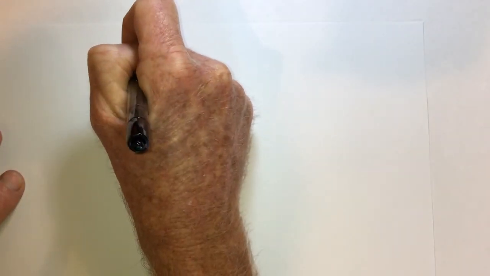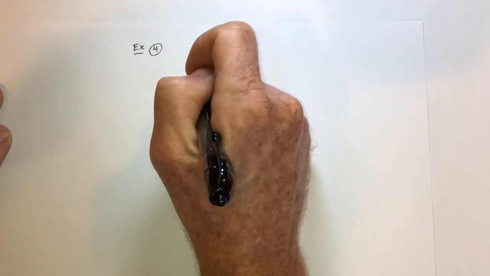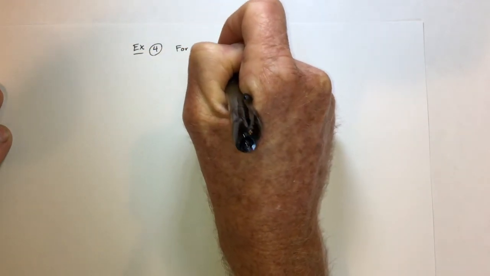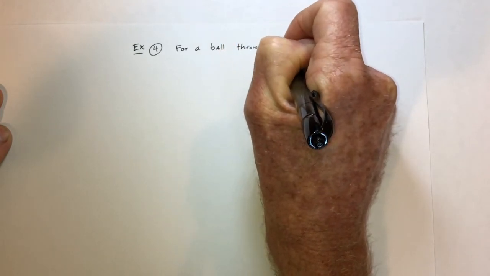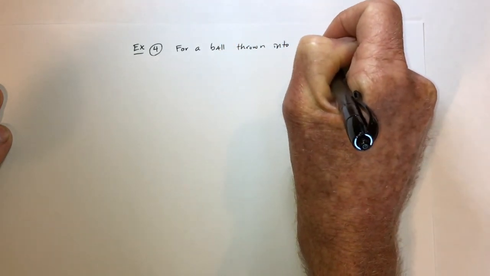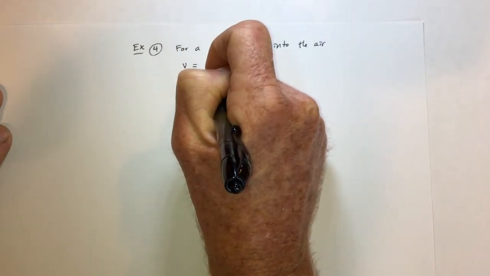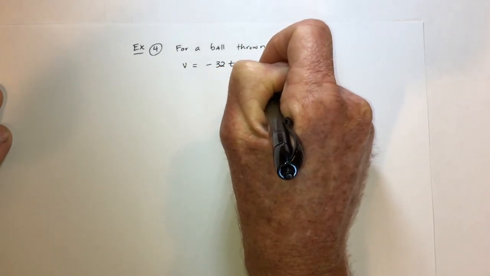So this would be example number 4. So for a ball that's thrown into the air, the velocity is equal to negative 32t plus 100.